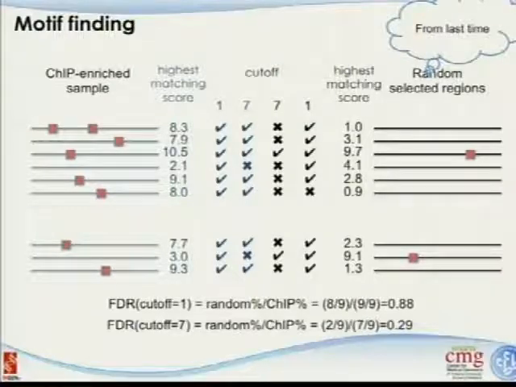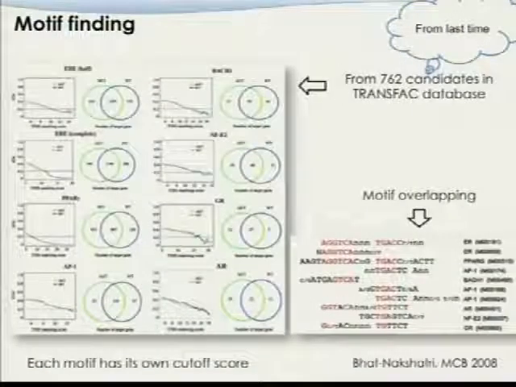That's not very good, as the false discovery rate is almost 88%. But once you increase the cutoff score, you can see clearly that the false discovery rate drops to about 30%. Of course, you can decide what cutoff to use for this type of approach. If you don't know what I'm talking about, go back and review your lectures; it shouldn't be very hard.